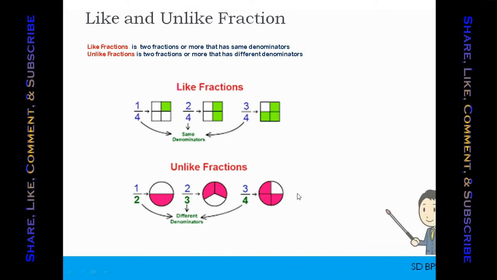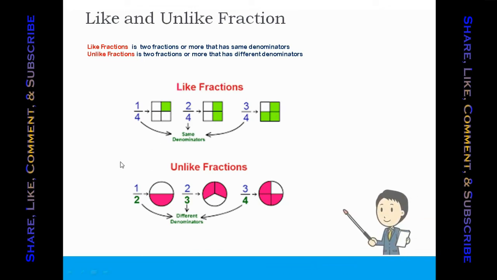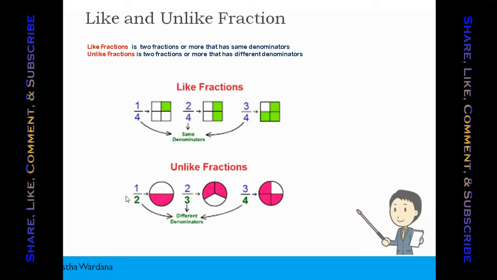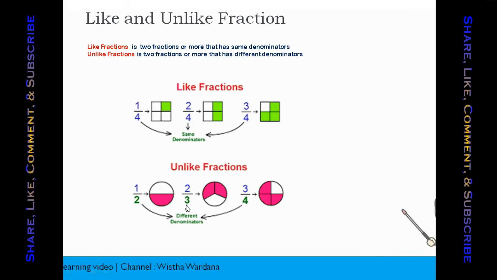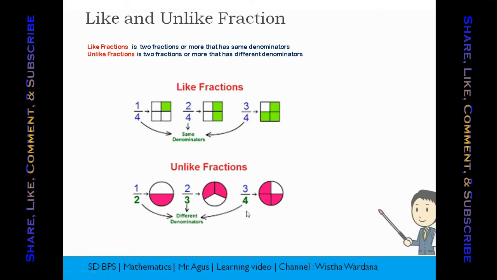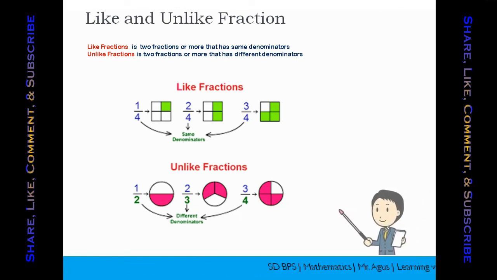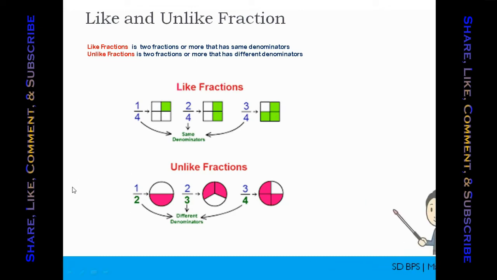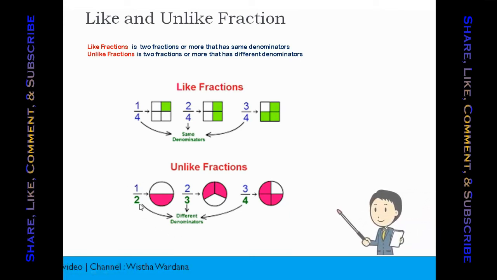And then unlike fraction is the opposite of like fraction. For example, we have 1/2, 2/3, and 3/4. These fractions have different denominators. The first fraction has 2 as denominator.